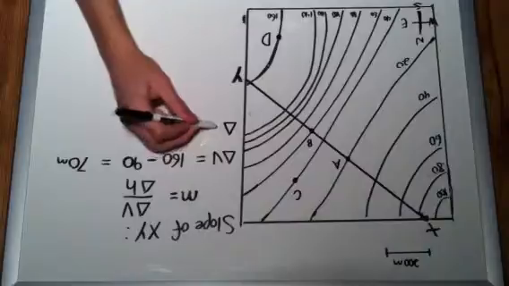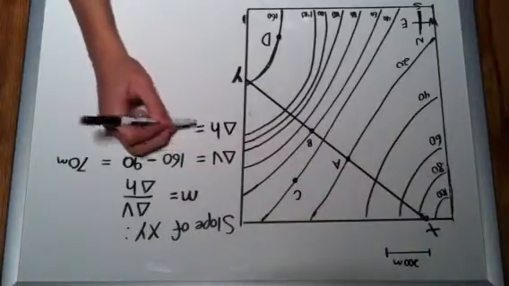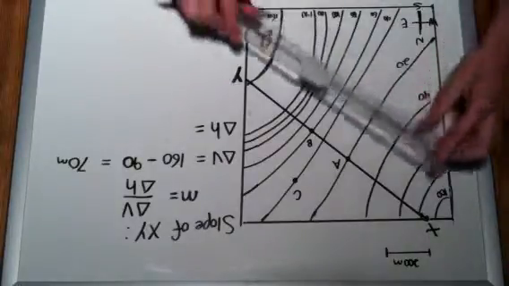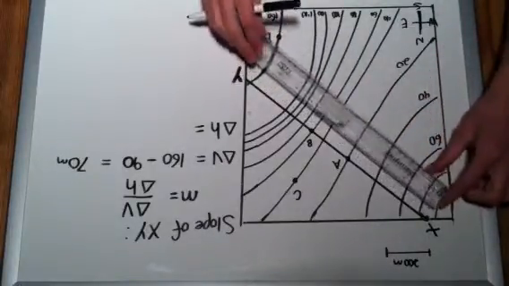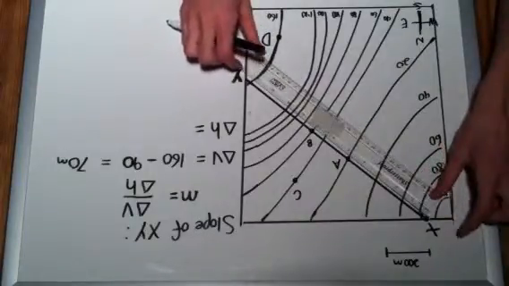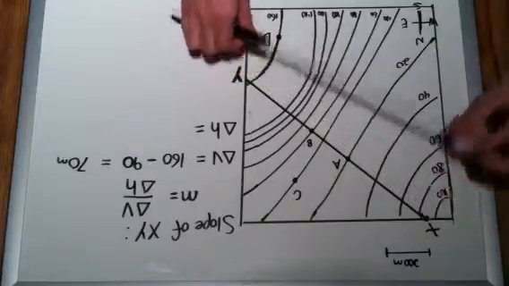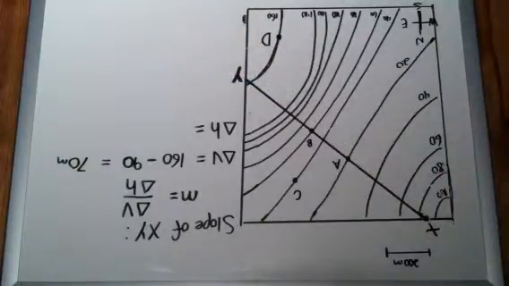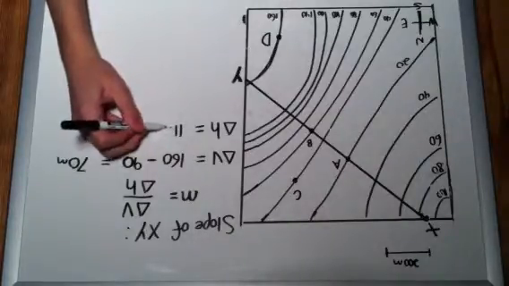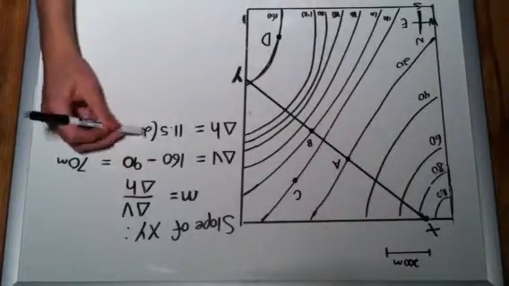Now the only other piece to find is delta h, or our change in horizontal position, which we can find using this scale here. I have 200 meters represented by 2 inches, so we can just measure the length of this line here real quick. That is about 11.5 inches total.